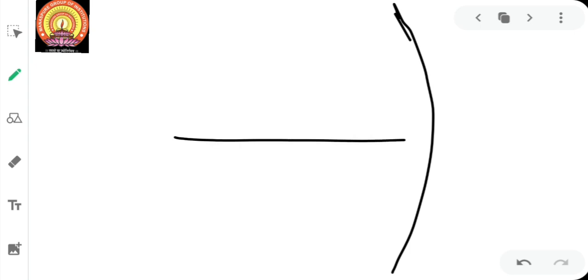So let us do one thing. Suppose we consider this is a concave mirror. Here is our center of curvature, here is the focus, and here is the pole, and somewhere here is the object, that is AB.